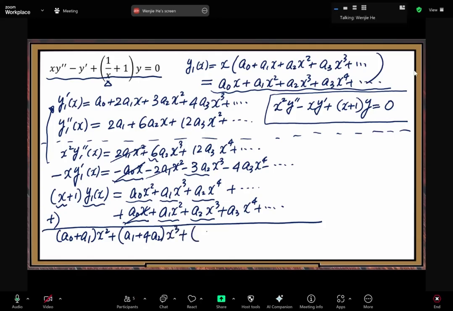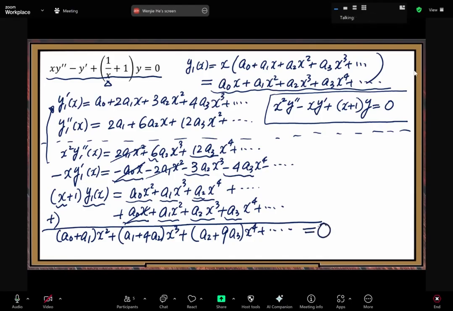Then the last term, x to the fourth: 12a3 minus 4a3 is 8a3, but you need to add one more, so 9a3 plus 1a2. So a2 plus 9a3 times x to the fourth.